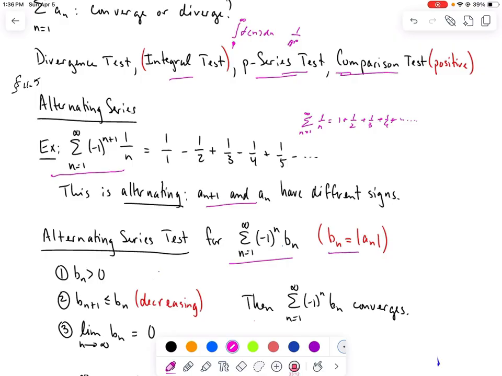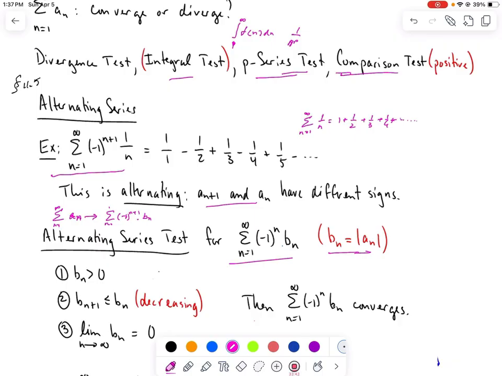You can think of b_n in relation to a_n: if the series is the summation of a_n, then a_n is minus 1 raised to some power times b_n. So b_n is nothing but the absolute value of a_n.